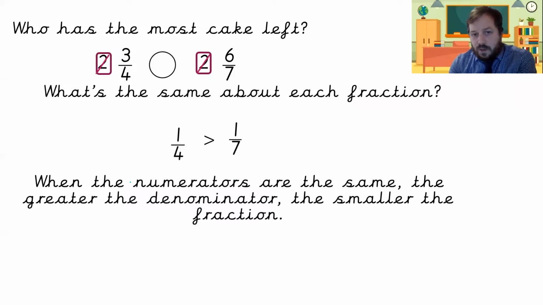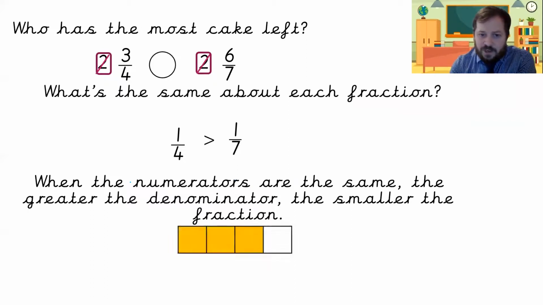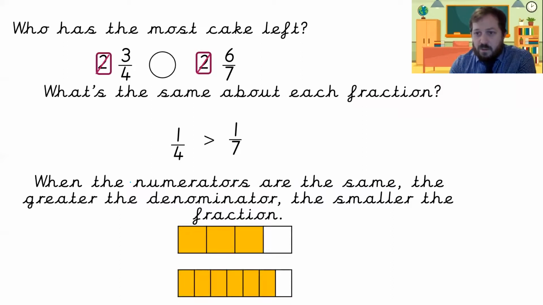So what we can also say is, what's the same about each of these fractions? Well, we know that 1/4 is greater than 1/7. But because one of these pieces is bigger, which is here, this piece is bigger than one of these pieces.